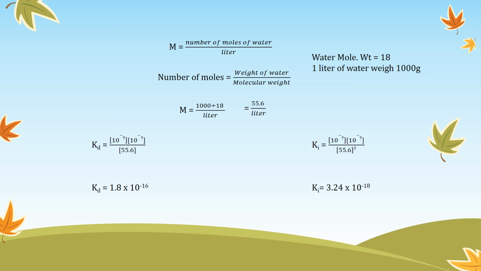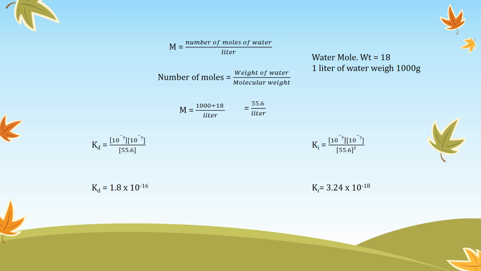In one case it is dissociation and in the other it is ionization based on the Bronsted acid base concept. So 1 mole of hydrogen ion, when it is formed, 1 mole of hydroxyl ion will be formed. The neutral pH is 7, where the hydrogen ion concentration is equal to the hydroxyl ion concentration.